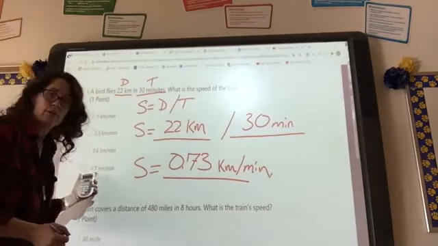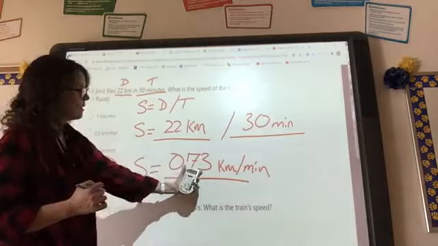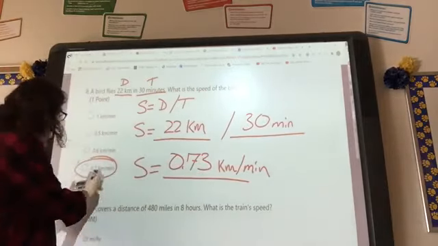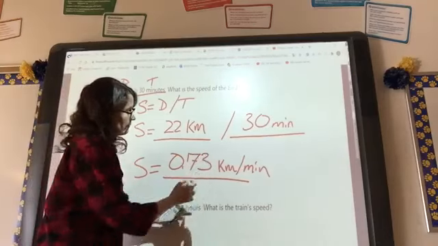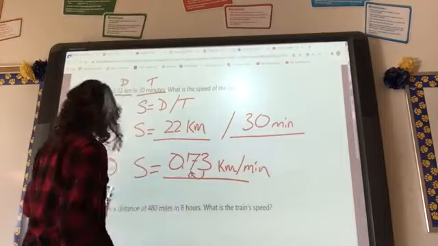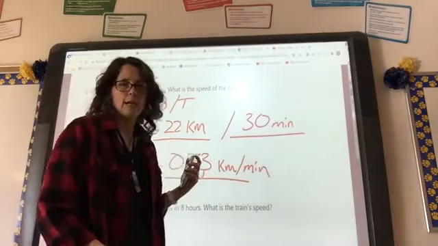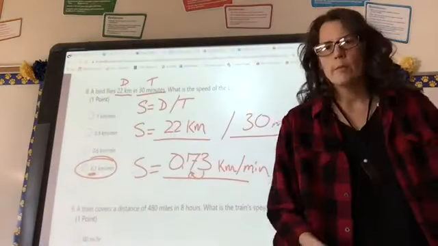Oh, well, this is a good one. If we look at the answers, we can figure that out because this is 7 kilometers per minute. We don't need that 3, and it doesn't change that 7. So we know that 0.7's got to be our answer. Okay? That's not that hard, right? We ready for number 9?